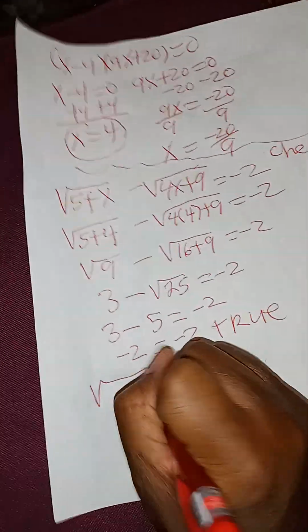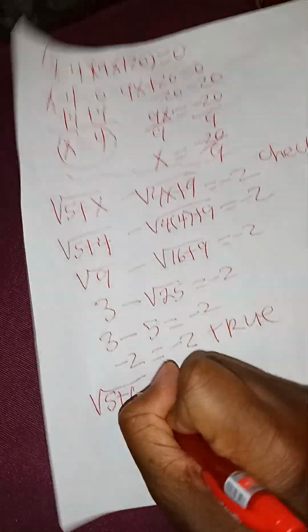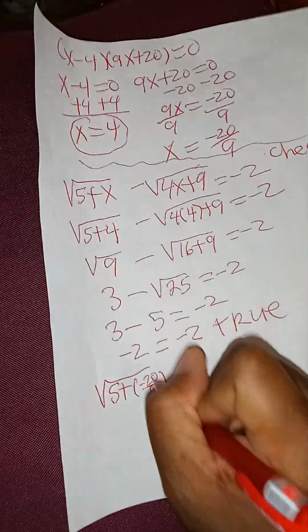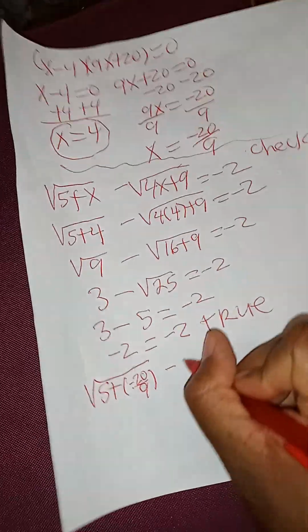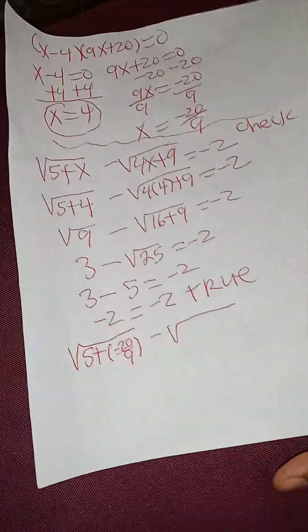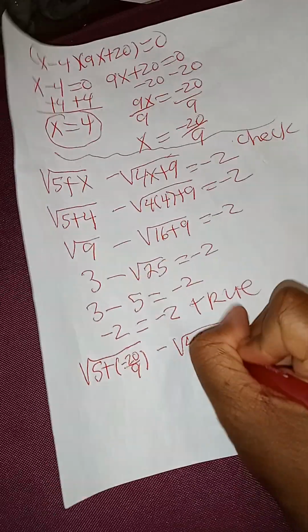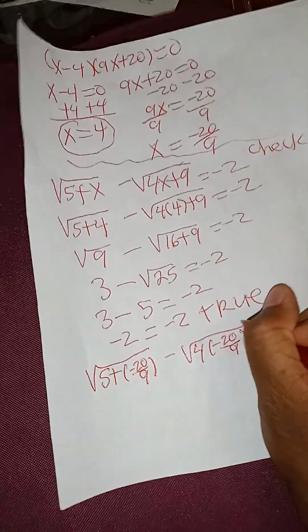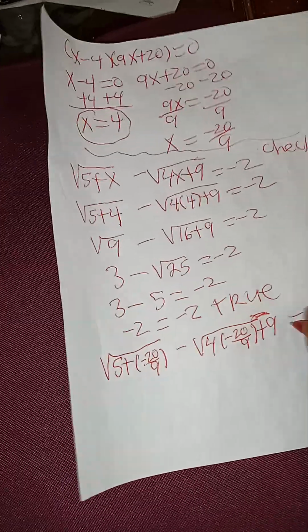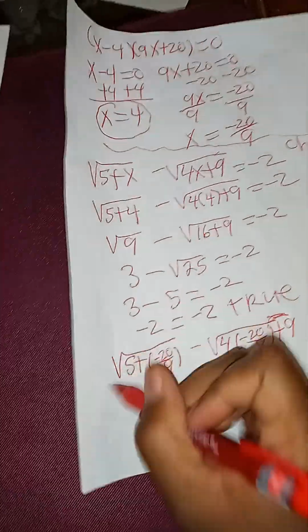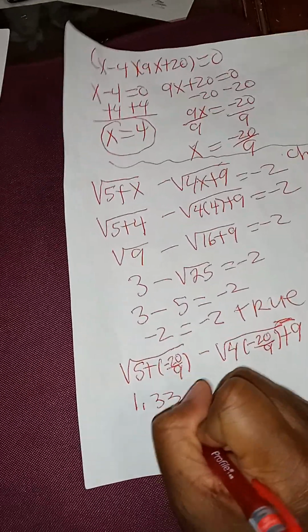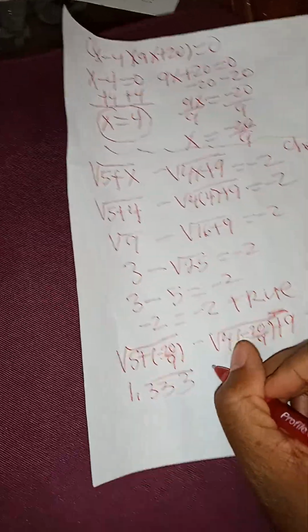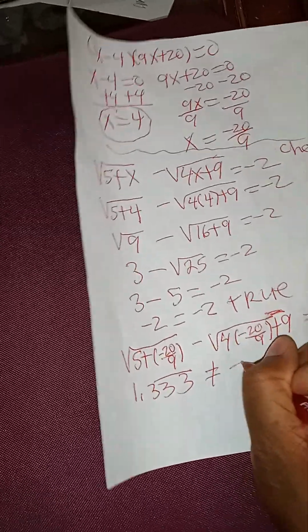So square root of 5 plus negative 20 over 9 minus square root of 4 times negative 20 over 9 plus 9 equals negative 2. And then so 1.333 repeating is not equal to negative 2.